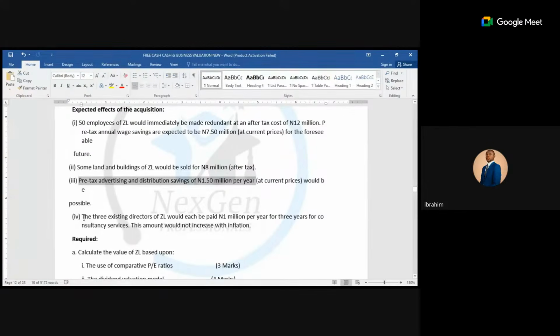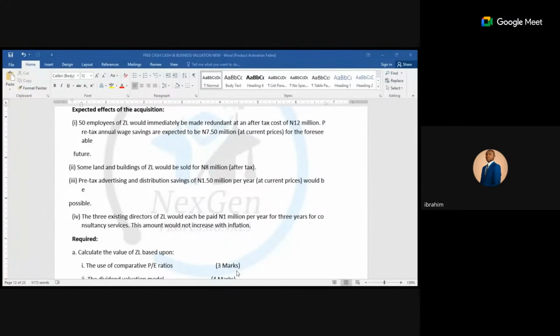Now, next we have the three existing directors. You know, we should not forget that at the beginning of this question, it was stated that 50% of the company shares is owned by the directors. Of course, when you want to dispose of the shares, you have to pay them for that portion.